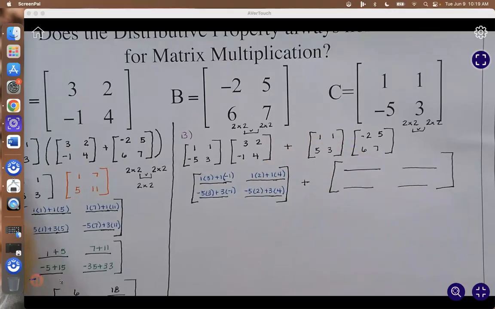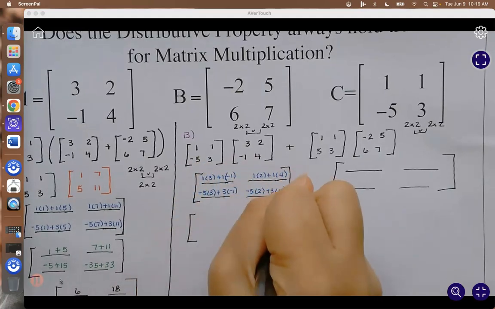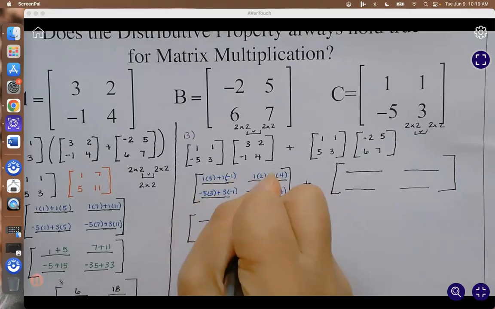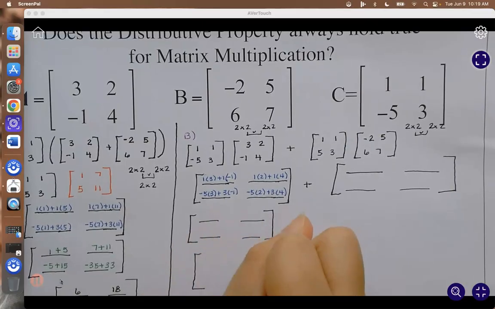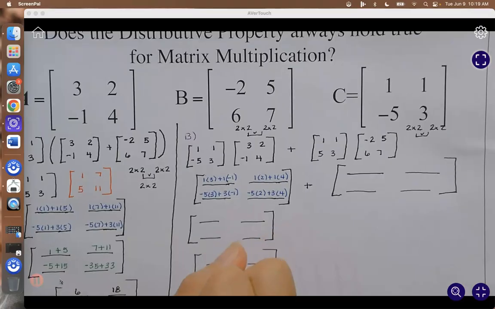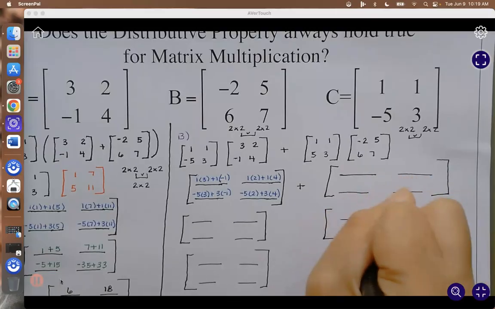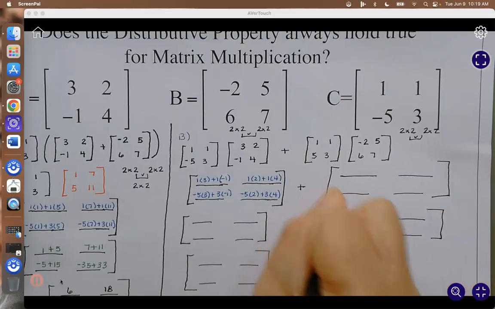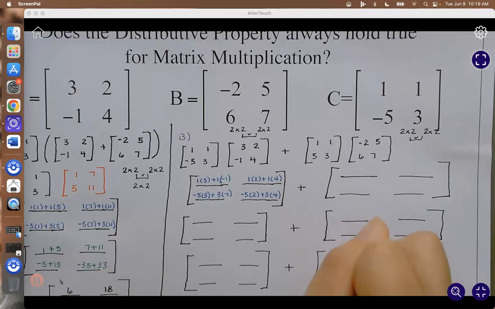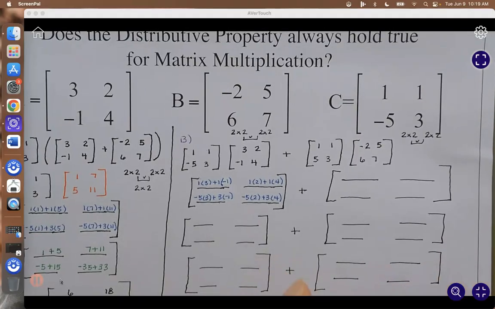Okay. So now we come down. We'll go ahead and make this one too. Then we'll have our final one down here.